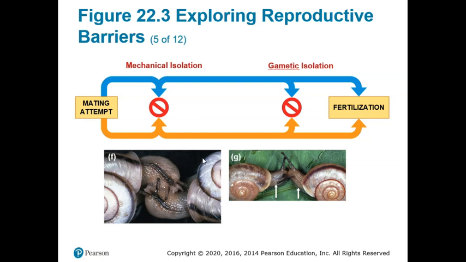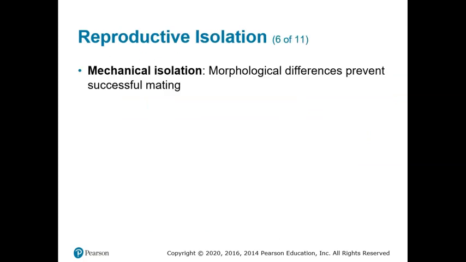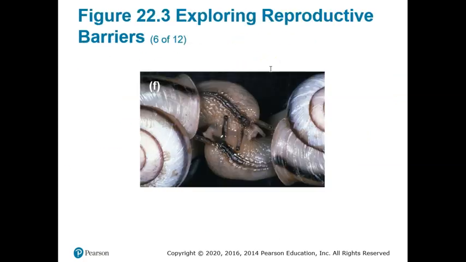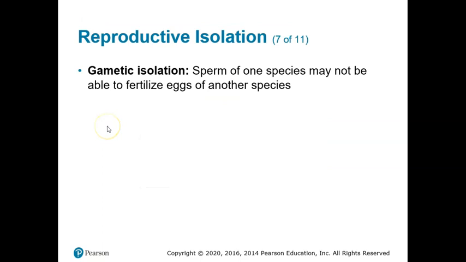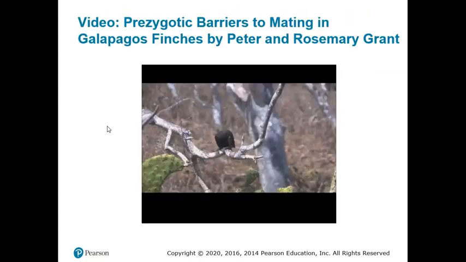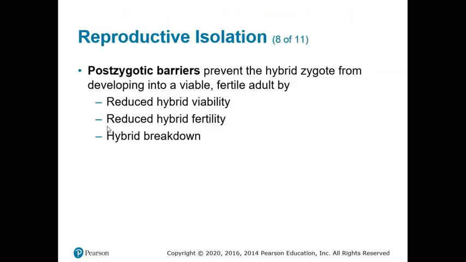They don't recognize each other. And all that is still prezygotic mechanism. So morphological, like anatomy differences, prevent successful mating, and gametic, which is like it can't fertilize the egg because it's missing the right enzymes, it has different chromosome structures, all that sort of stuff. Okay, so prezygotic barriers is that.